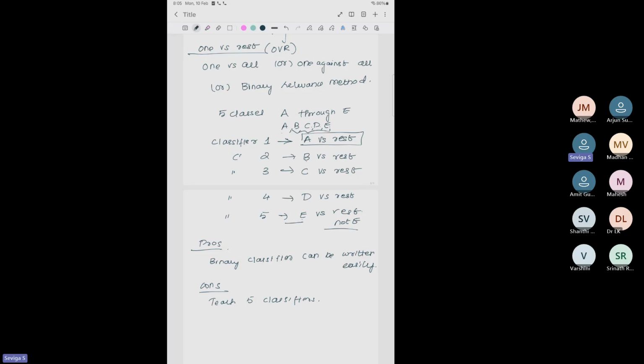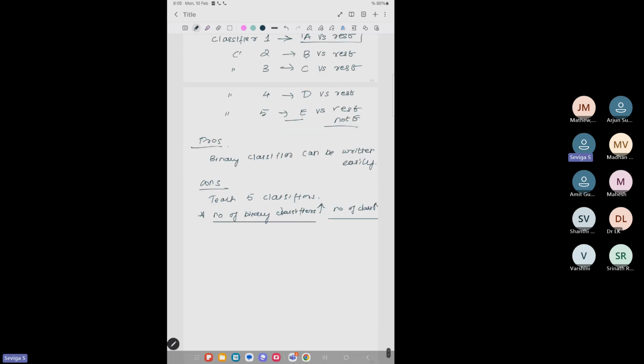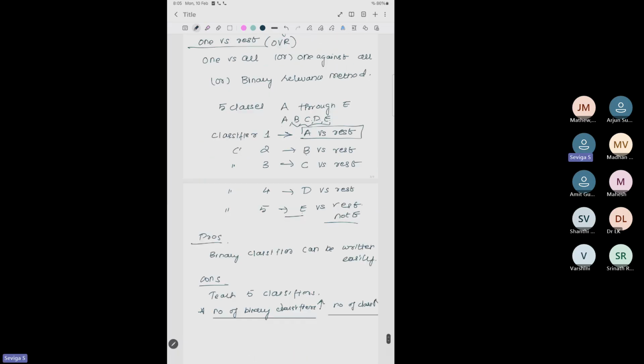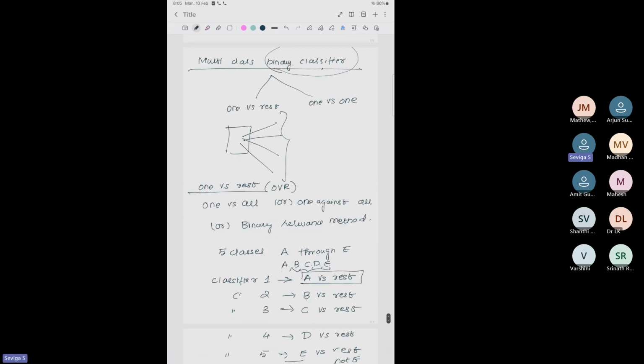If you have a larger number of categories with complex boundaries, the time required to run will be more. The number of classifiers will increase along with the number of classes. If the number of classes increases, the number of binary classifiers also will increase. So this is one versus rest. We are looking at multi-class binary classifiers.